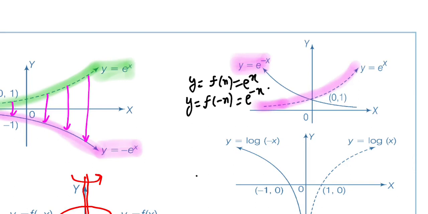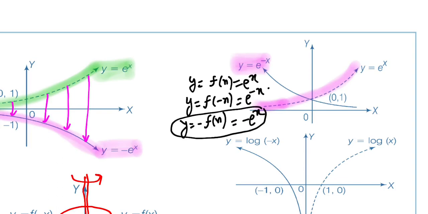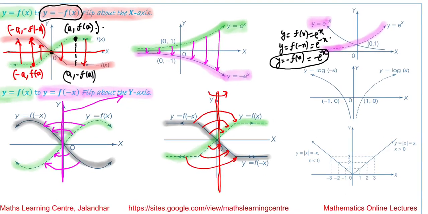In the previous case, y is equal to minus f of x, the answer was minus e raised to the power x, and we flipped the graph about the x axis. In this case we are rotating the graph about the y axis.